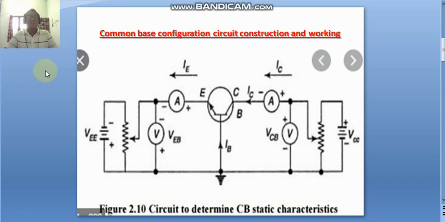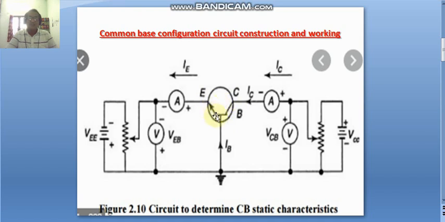First of all, we are assuming a common base configuration circuit here. This is a transistor connected in the circuit. So this is an NPN transistor. How can we recognize this is NPN?